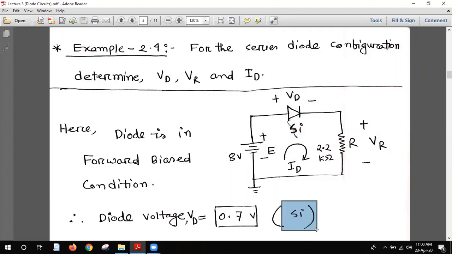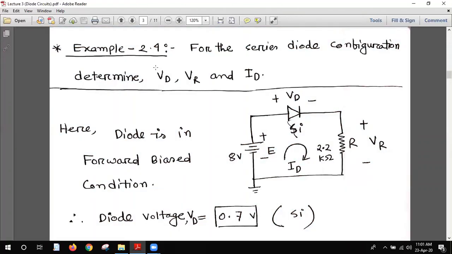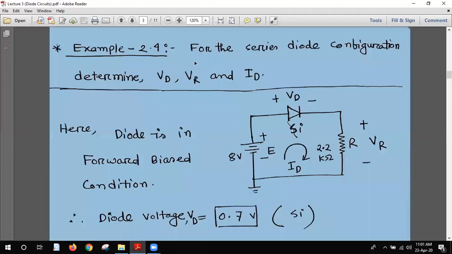If it is germanium, then it will be 0.3 volt. So from this circuit we have determined VD. Next, you need to find out VR.